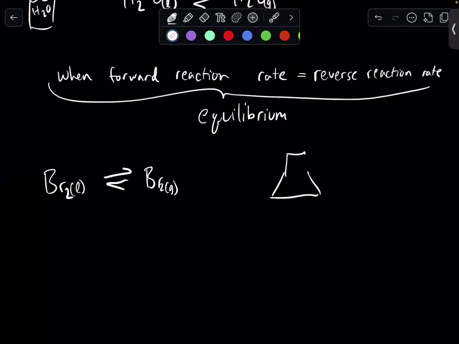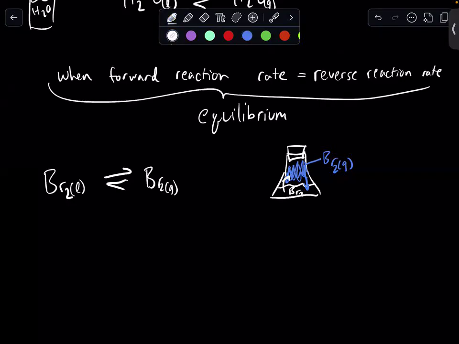So if we have a sealed flask with bromine liquid, you'll notice a dark haze start to form, and that is the bromine gas. You actually notice that haze continue to form and get denser and denser, and eventually it'll stop getting dense. That represents the liquid and the gas turning into each other at equivalent rates.